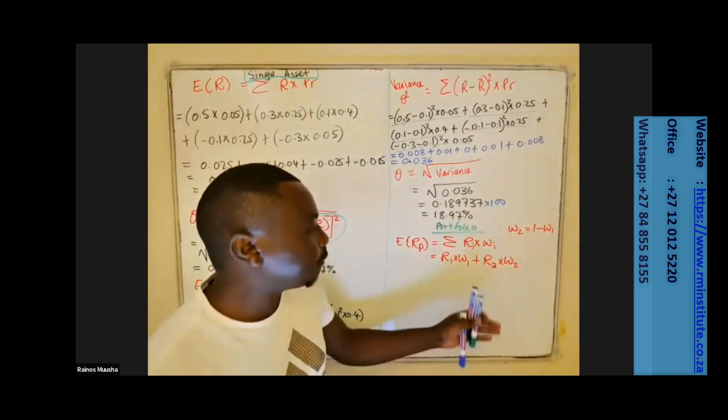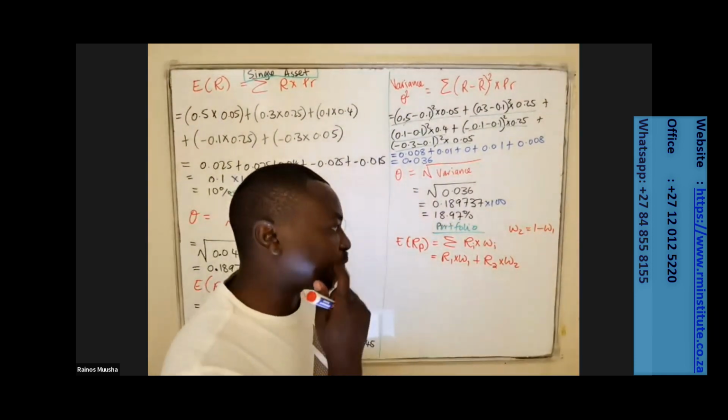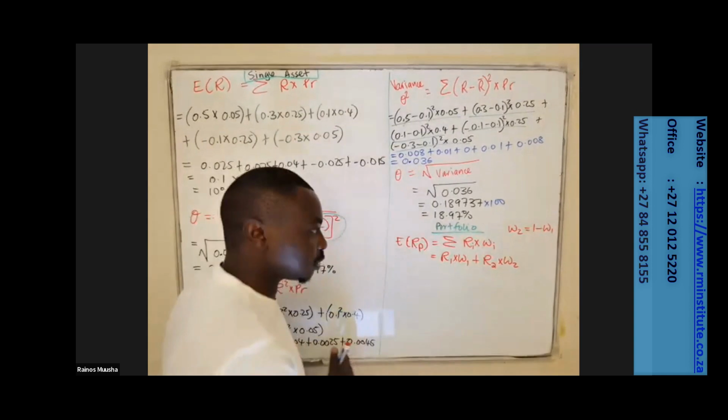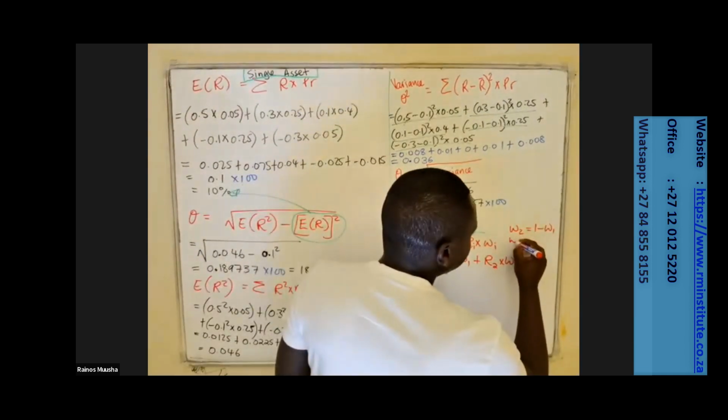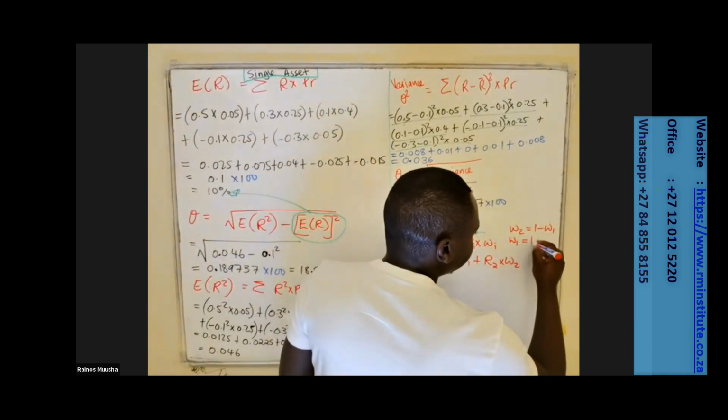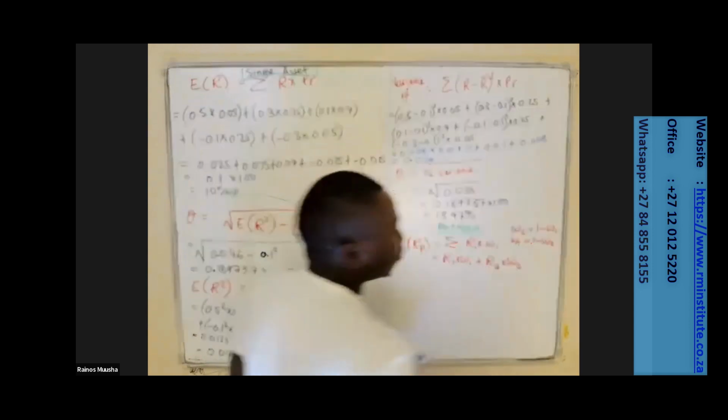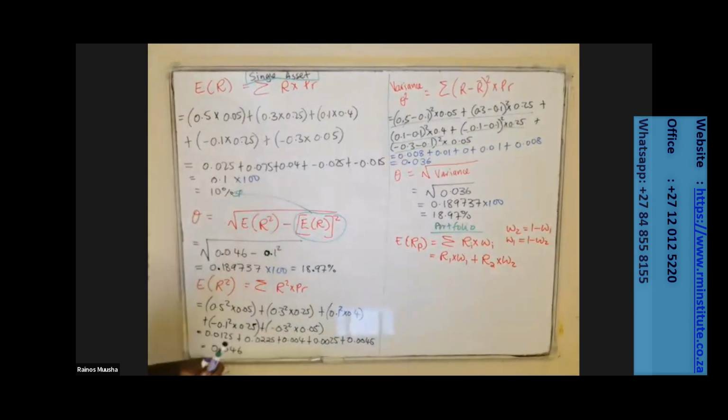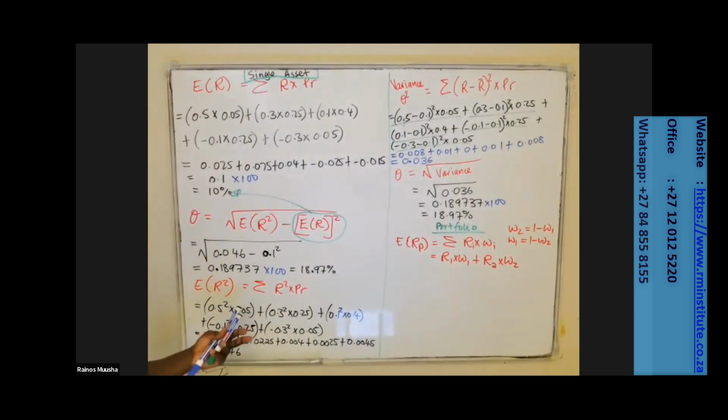Or in case you are given the weight of asset 2 but you don't have the weight of asset 1, the weight of asset 1 is also given as 1 minus the weight of asset 2, because remember, the weights of the assets which make up your two-asset portfolio should always add up to 100%, which is 1.